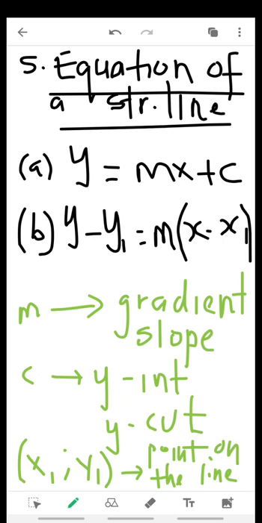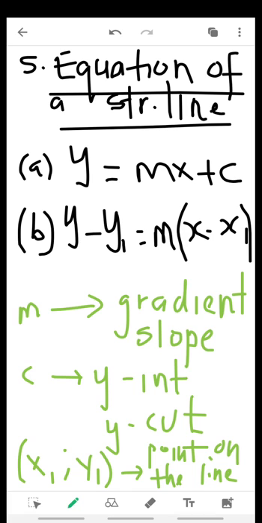Let's say I draw a straight line, then it cuts the y-axis at 5. So 5 will be my y-cut. What is the meaning of that? That's where the function cuts the y-axis. So we call it the y-cut. C represents exactly that. It is the y-cut, or famously known as the y-intercept, where it intercepts the y-axis.